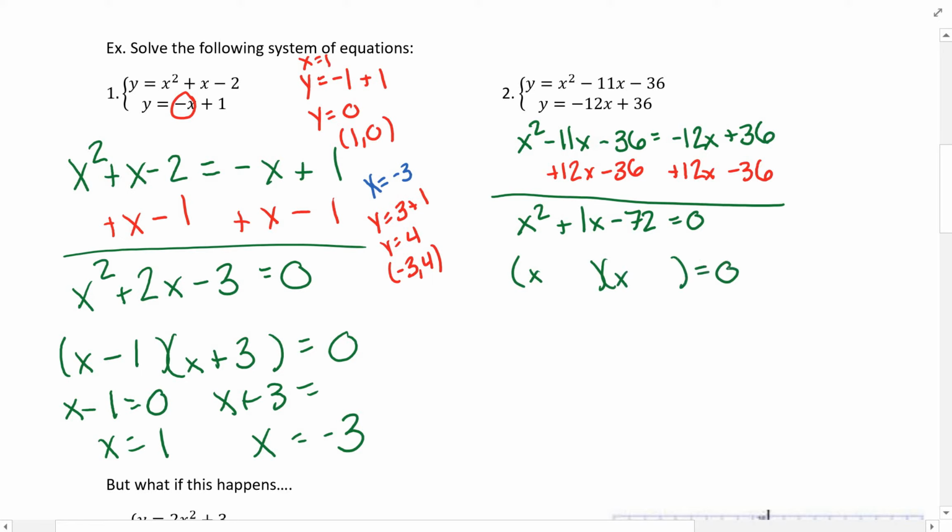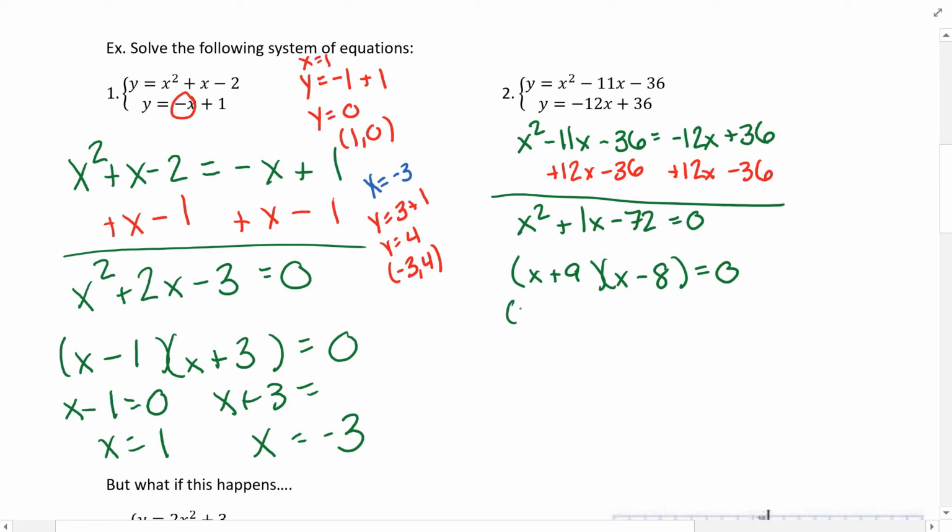The most prominent pair, and the one we're going to use, is 9 and 8. 9 times 8 is 72, and we can make it a positive 1 by making the 9 positive and the 8 negative. So 9 times negative 8 is negative 72, and 9 plus negative 8 is positive 1.